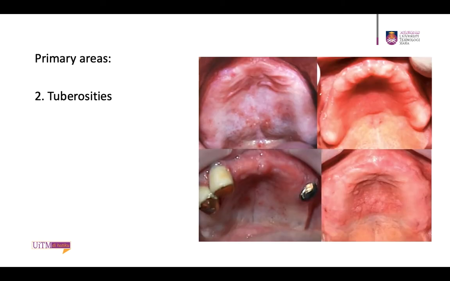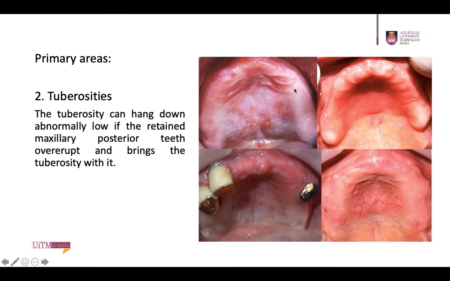The next primary stress-bearing area for the maxilla is the tuberosity, as I mentioned previously. In these photos here, I'm showing you the different situations of how the tuberosity can present clinically. In the upper photo on the right-hand side, the tuberosity can actually hang down very low.